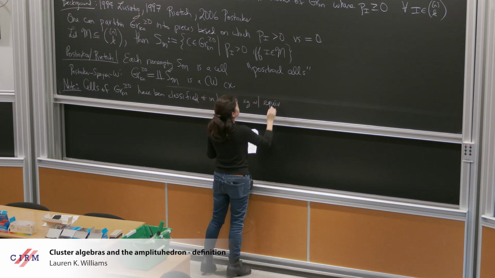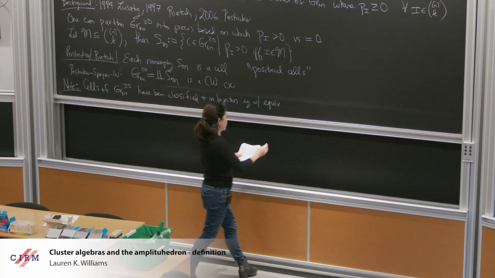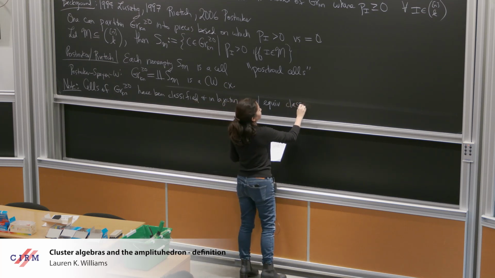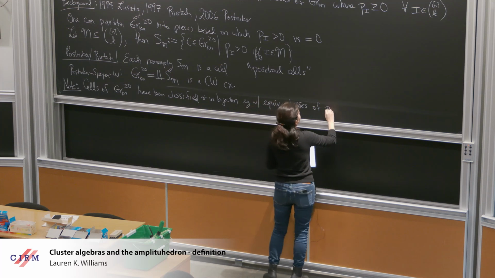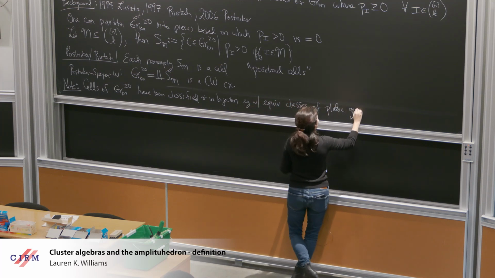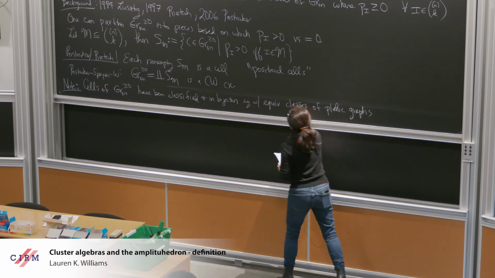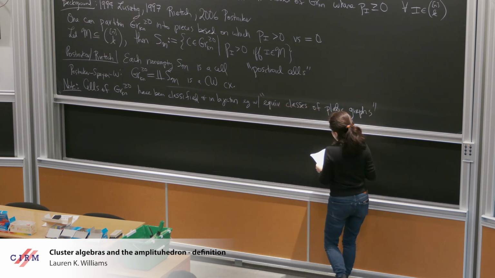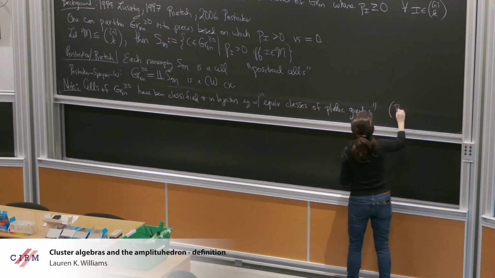One nice indexing set is equivalence classes of plabic graphs, which I'll say more about in my third talk.